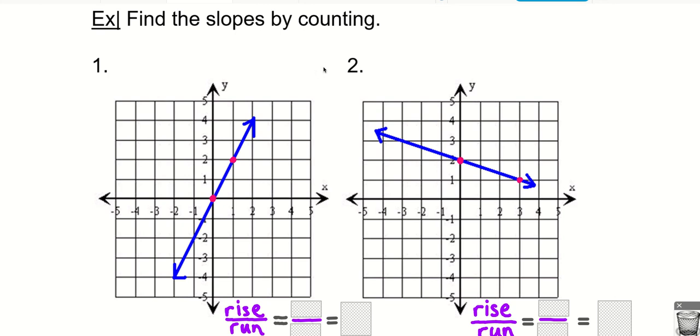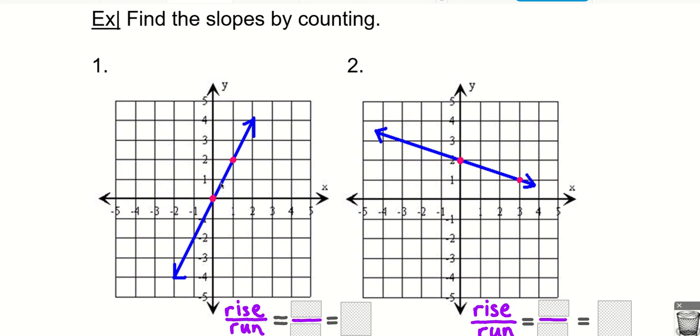Here's how this works. Find the slopes of these examples just by counting. If we're going to count our rise and our run, you're going to need a starting point and a finishing point. According to the grid on your graph, you have to find nice integer coordinates, real nice intersection points of the XY plane grid, like here and here, to start and stop your counting.